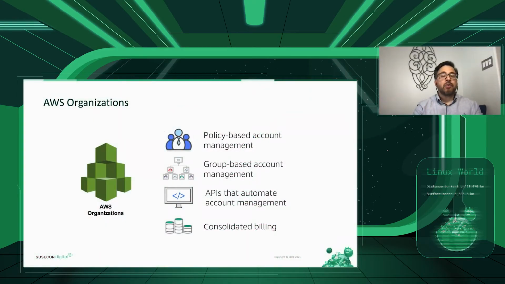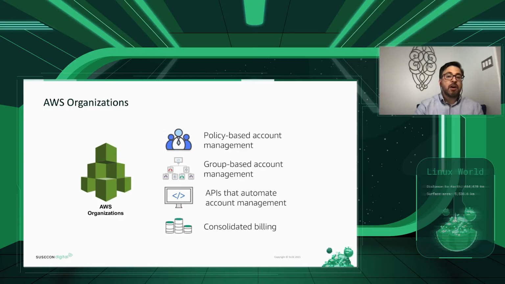An AWS organization is an account management service that lets you consolidate multiple accounts into an account structure that you create and centrally manage. As an administrator, you can create new accounts and invite existing accounts to join your AWS organization. This can be done either through the AWS console or using APIs that allow your business to build workflows for account requests.